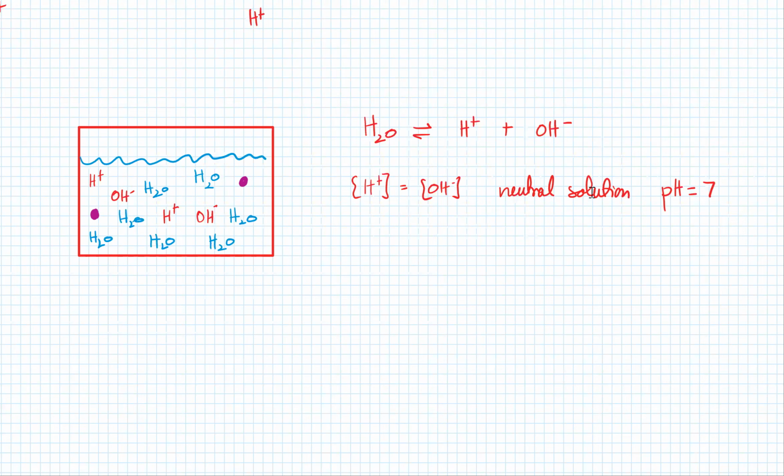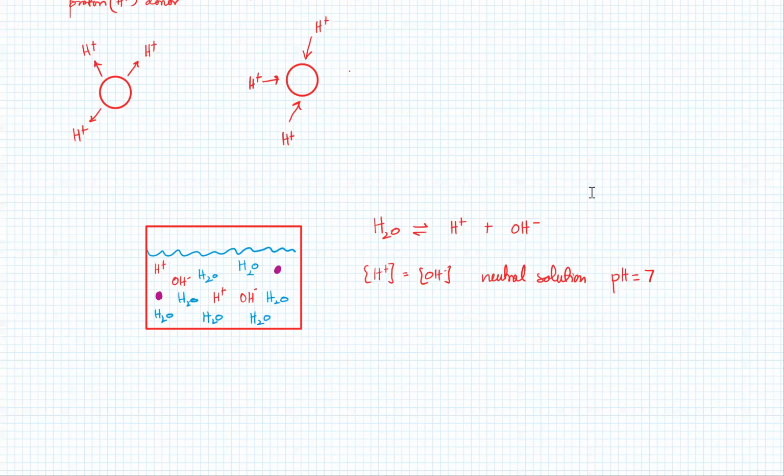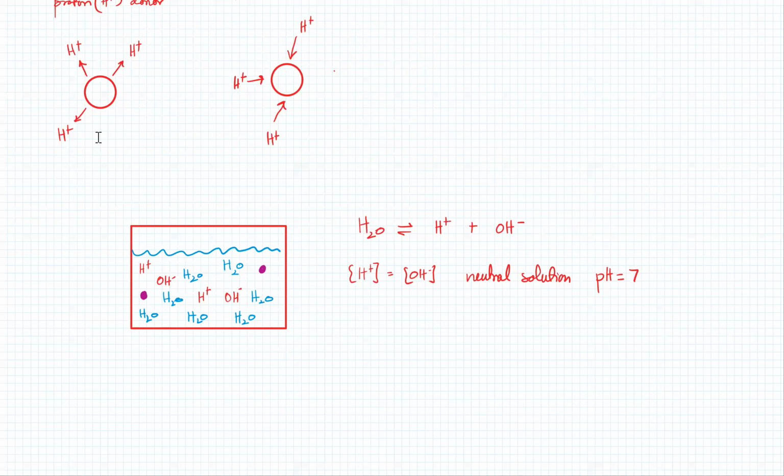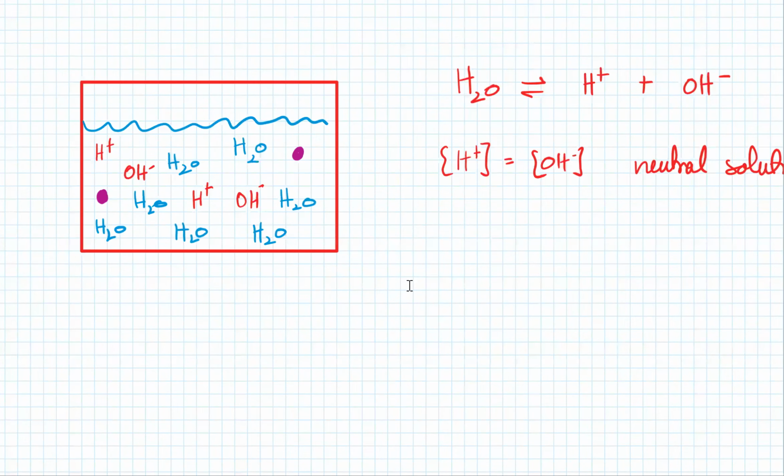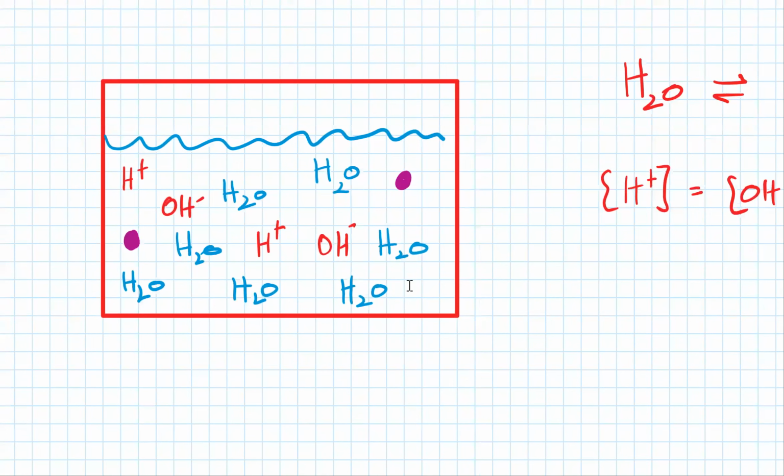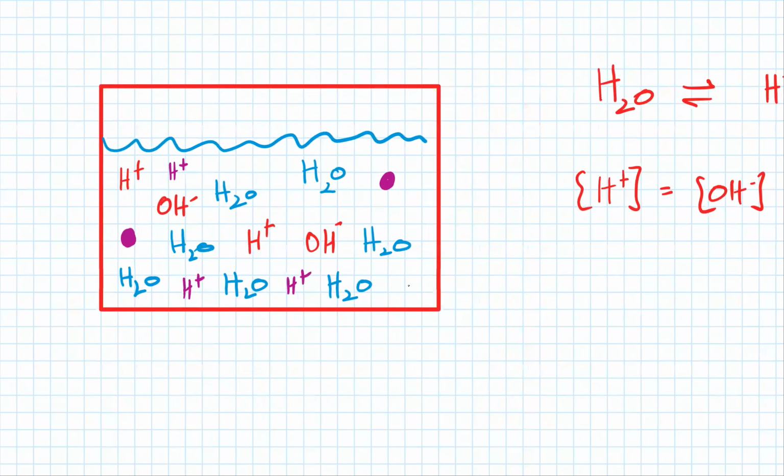What if I add a molecule of an acid to it? Which ion would be greater in quantity then? The H+ ions. So if you add acid to it, let's say this purple molecule is an acid, it's going to increase the quantity of H+ ions, right?